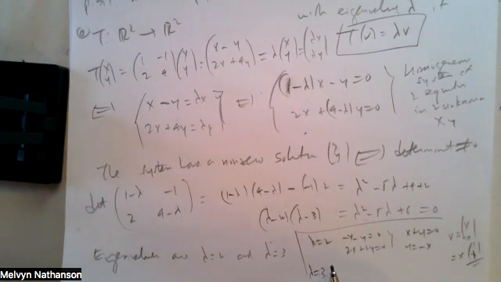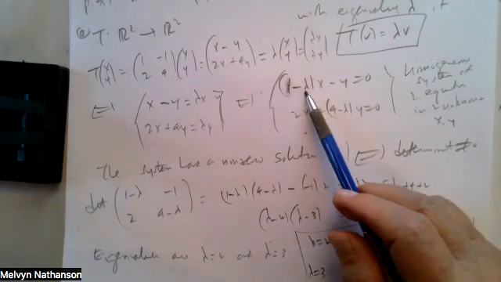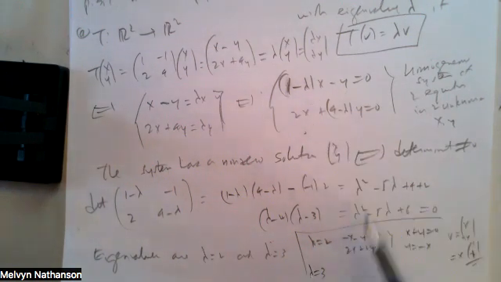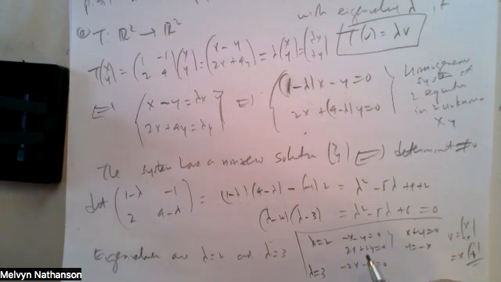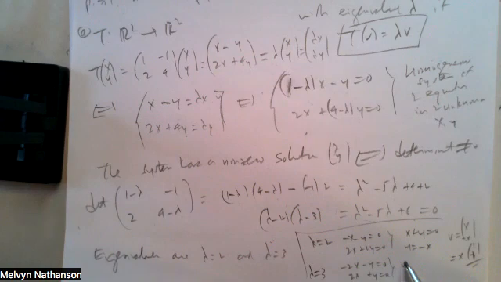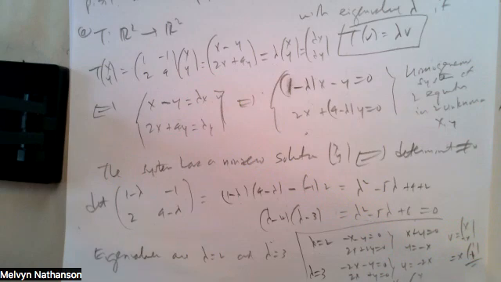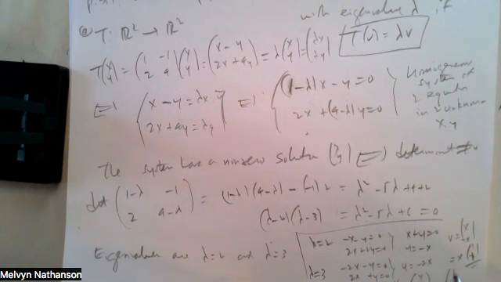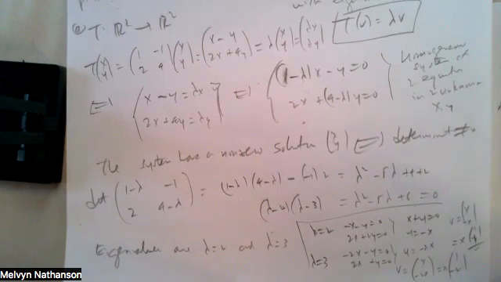What about when lambda equals 3? When lambda equals 3, this first equation is 1 minus 3, is minus 2x minus y equals 0. The second equation is 2x plus y equals 0, which are the same as y equals minus 2x. So a solution is x, minus 2x, or x times the vector 1, minus 2.